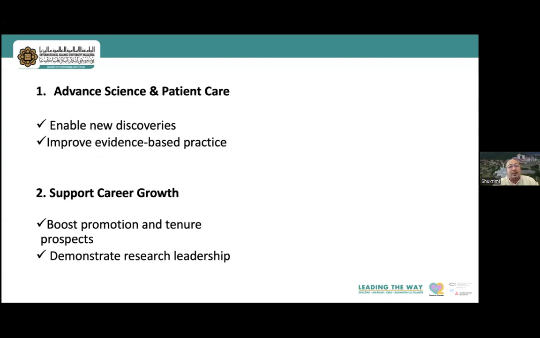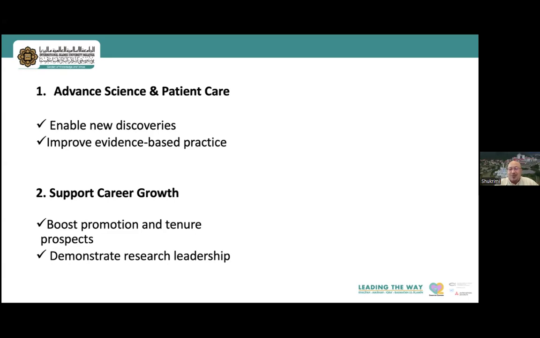Basically, we apply grant because we want to improve our evidence-based practice. We can have a new discovery, and as a academician in our institution or another institution, this grant also can support our career growth, because one of our KPI or APAP, they want to see whether we have grant or not. And then as usually we get the message from head of research, you are not the principal, not holding any grant.